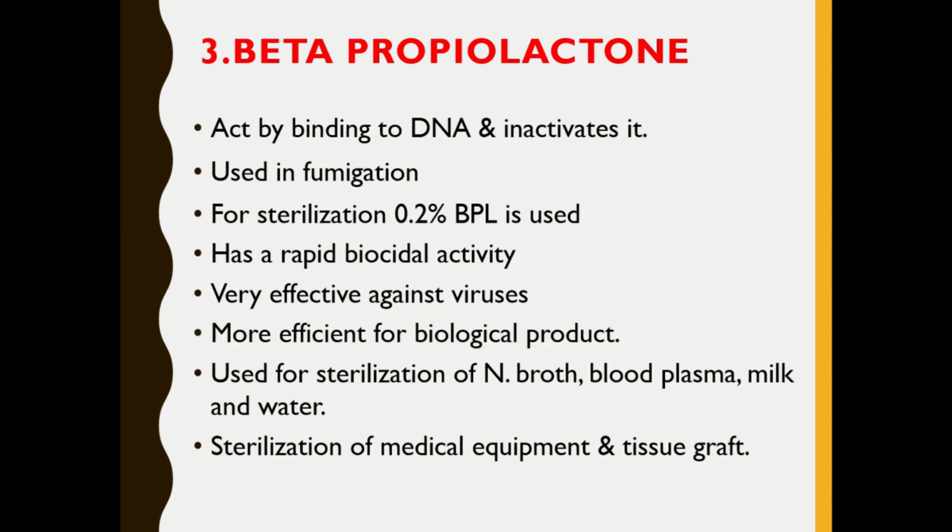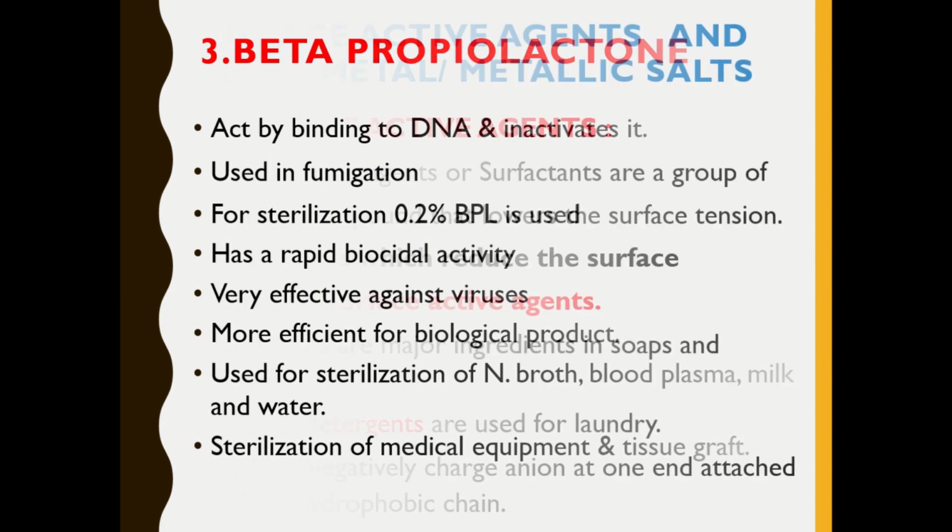So mainly the biological products are sterilized by using beta propiolactone, one of the most effective agents for sterilizing biological products. It is used for sterilization of nutrient broth, blood plasma, milk, and water also. It is also used for the sterilization of medical equipment and tissue graft.